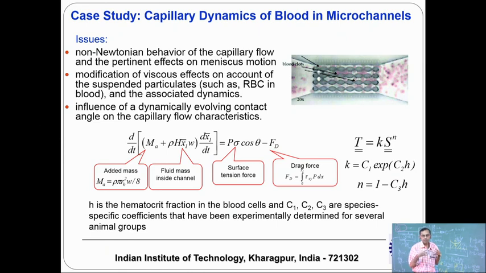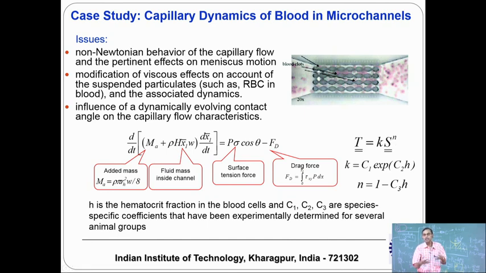Blood is of course intrinsically a viscoelastic type of material, partly viscous and partly elastic because of the blood cells inside. The blood constitutive model, if you look into this equation: the shear stress, the stress tensor, is k times the rate of deformation tensor to the power n. So, this is a power law model.